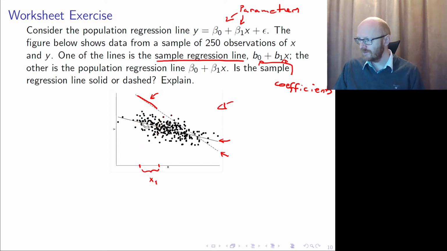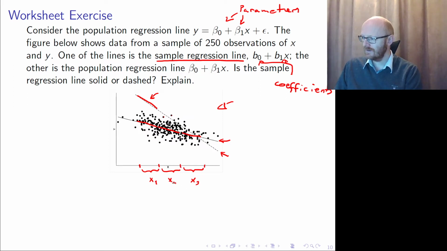I'm going to remove this, and you just do this for several segments, right? And you look at whether the line fits the average, or gives you the average of y given the level of x.